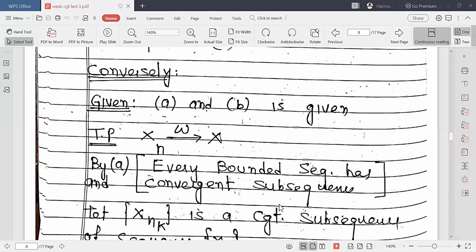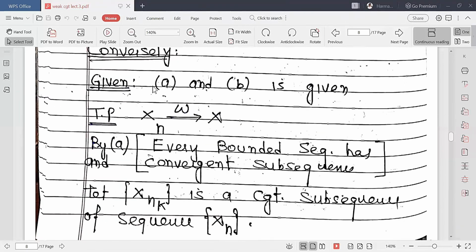Now the converse part. Here A and B are given, and we want to prove that Xn is weakly convergent to X. By part A, the given is that the sequence Xn is bounded, and we know that every bounded sequence has a convergent subsequence.